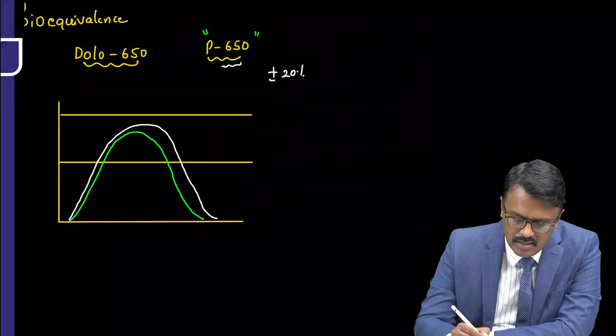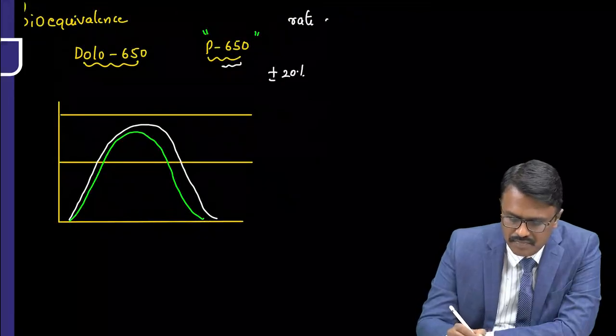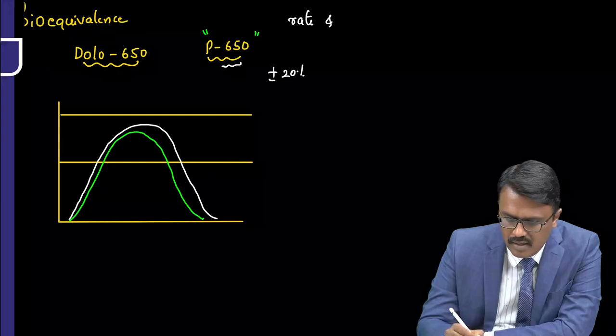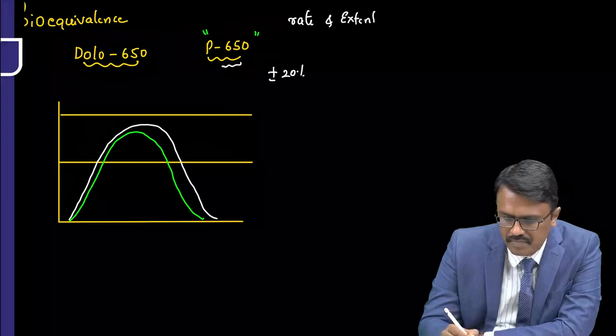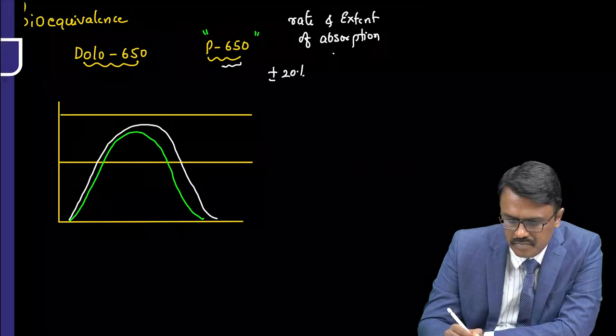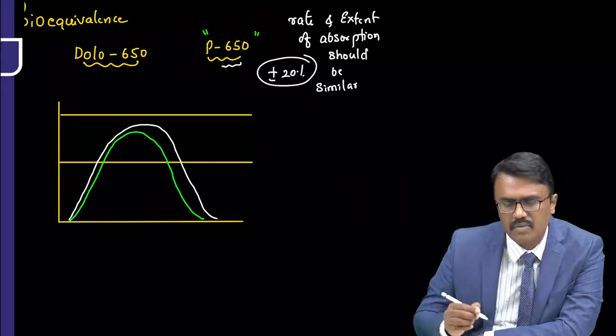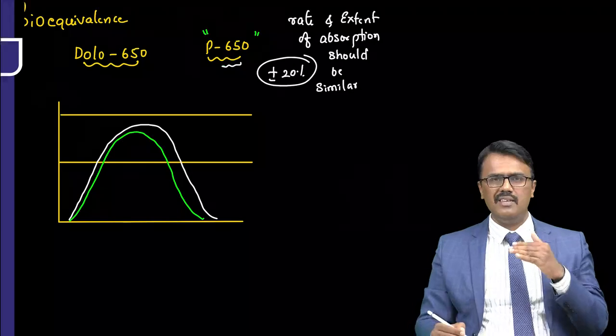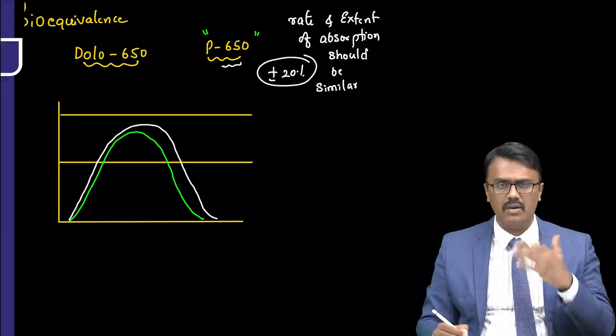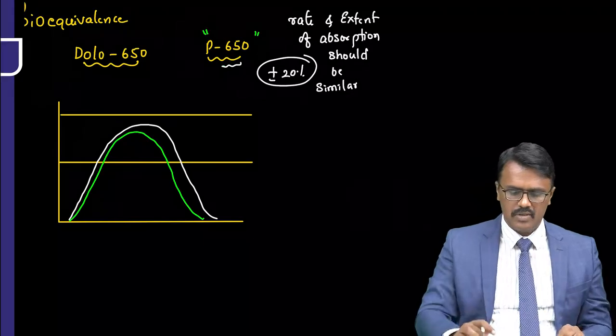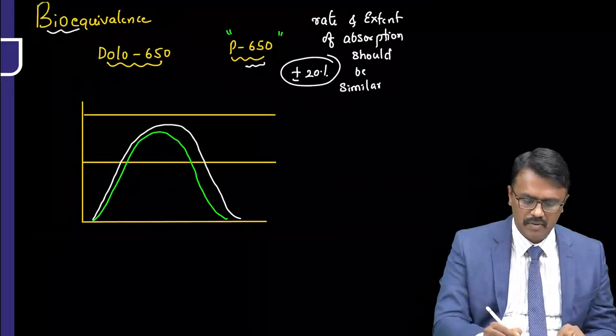So the rate and extent of absorption of the drug should be similar. It may be a variation of plus or minus 20%. It may be less than 20% absorbed or more absorbed, but not more variation. So this is what we mean by bioequivalence.